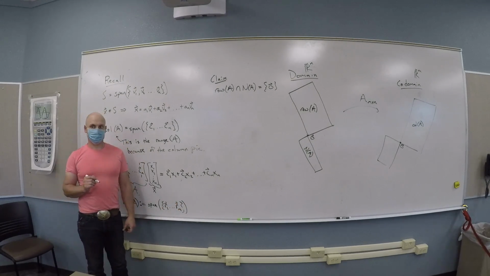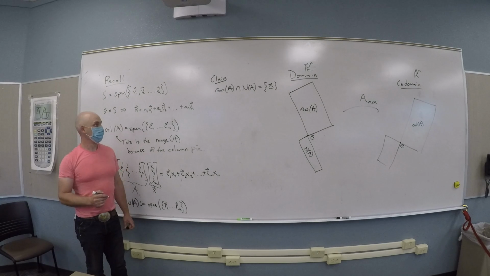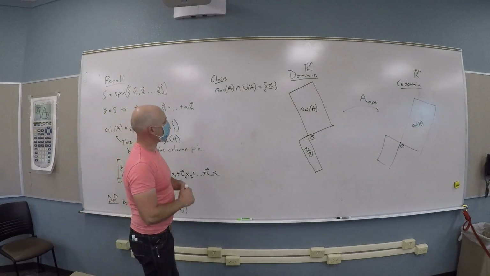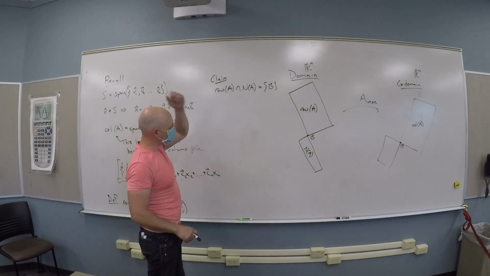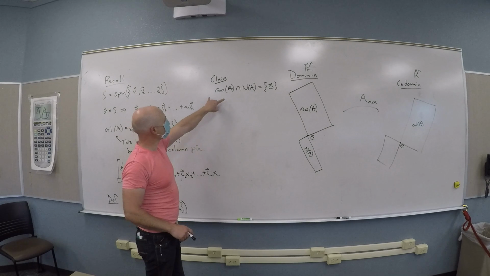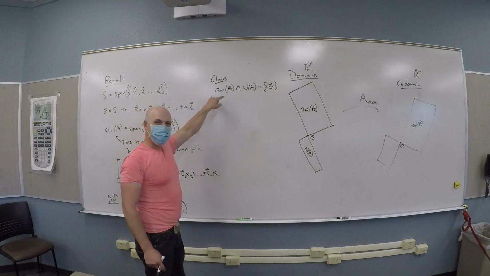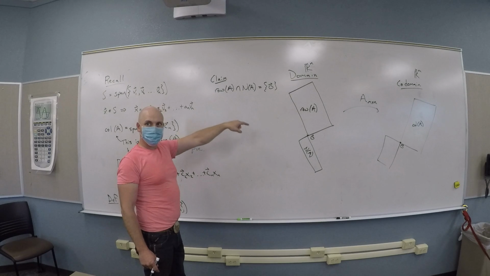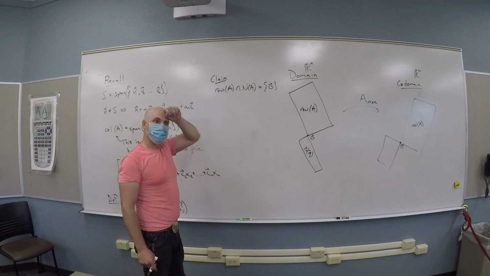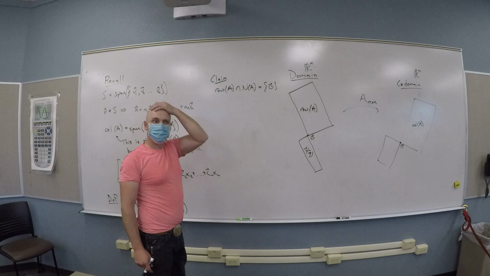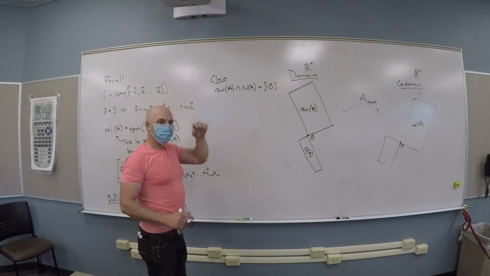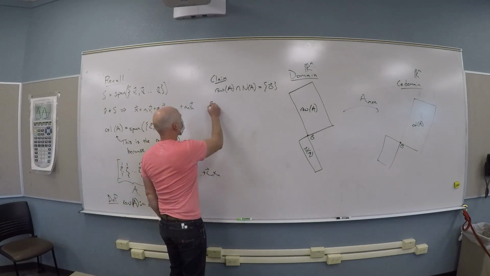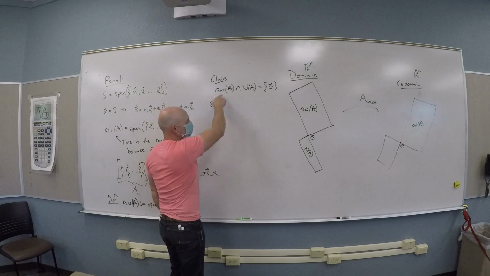Good. Now, that's weird, right? Why can't a row go to 0? Well, I'm going to suppose that this isn't true.